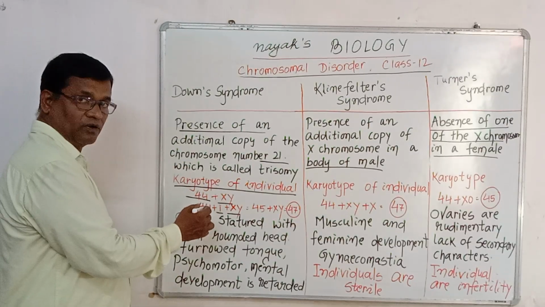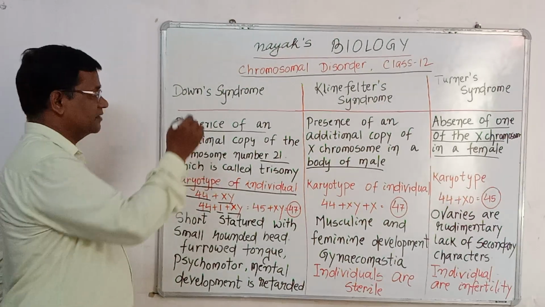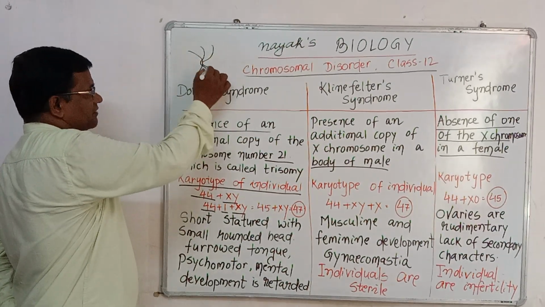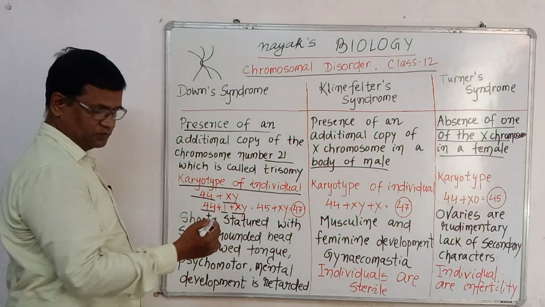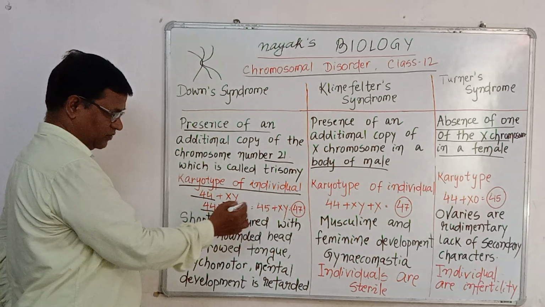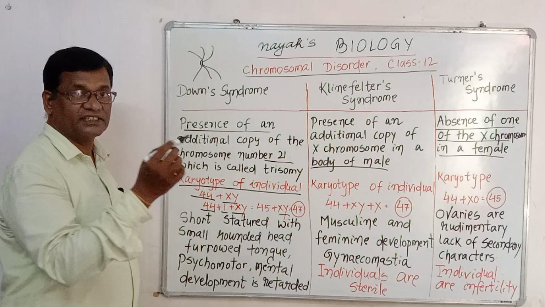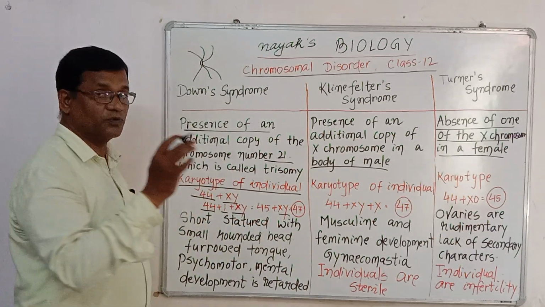Then 44 plus 1, because one more copy is combined in place of the 2. Oh sorry, 44 plus 1 is 45 autosomes, and one pair of sex chromosomes, XY. Suppose it is a male, the total number of chromosomes is 47.